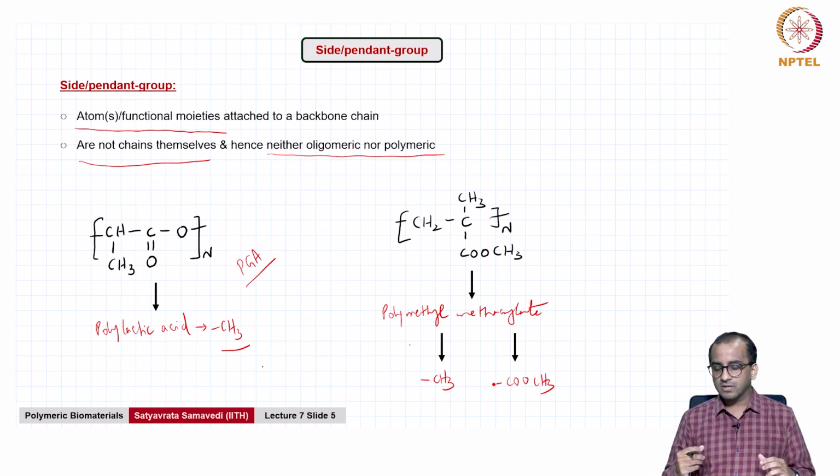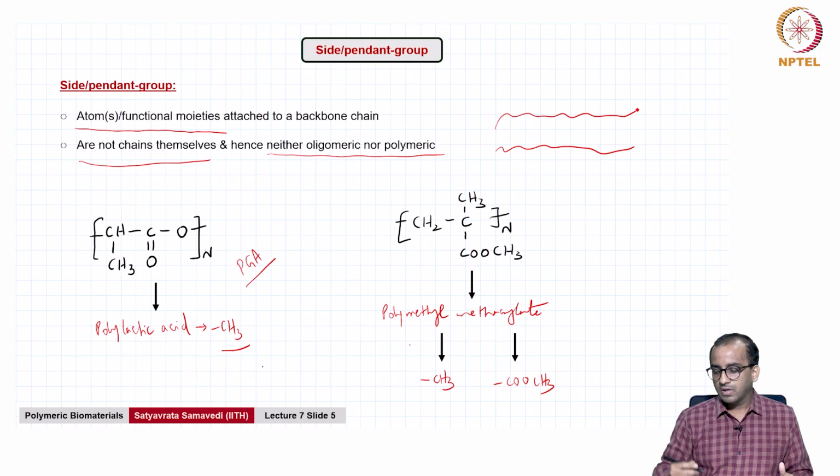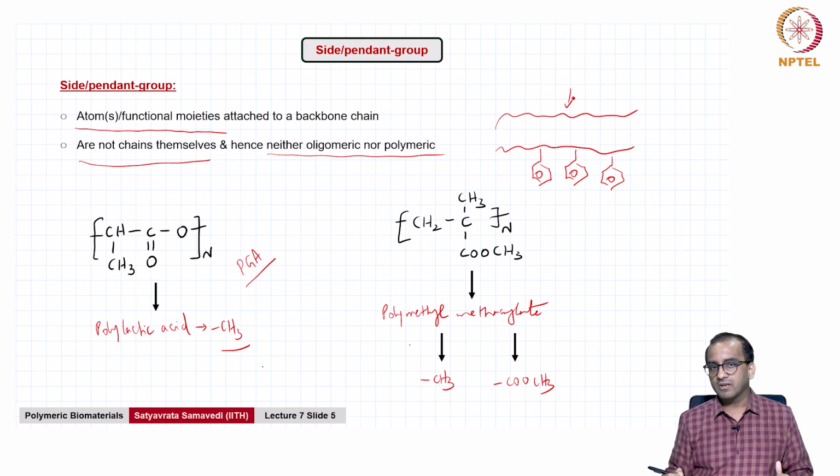The significance of the side group will become more and more clear as we go through the course, but for now let me just point out that if you have very bulky side groups, if I have a chain of polymer and I have another chain here, and this chain has a group like this that keeps showing up again and again, as opposed to this polymer where there are no such bulky side groups.